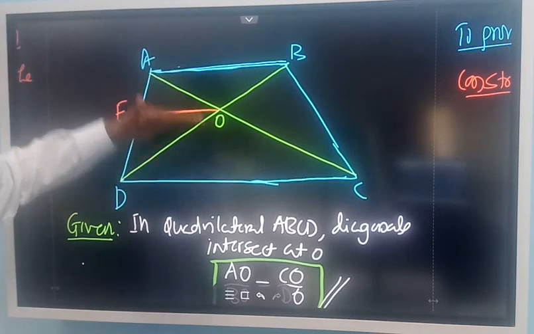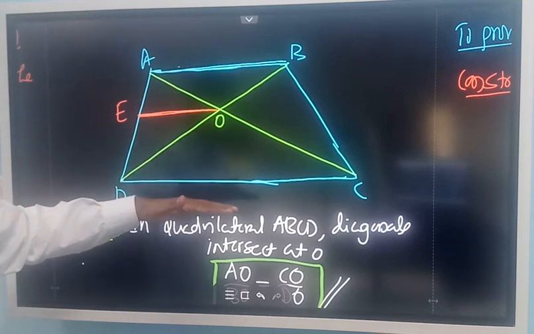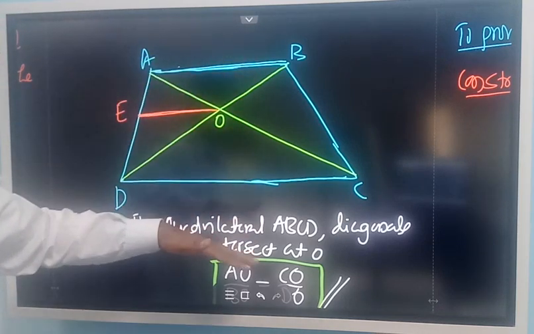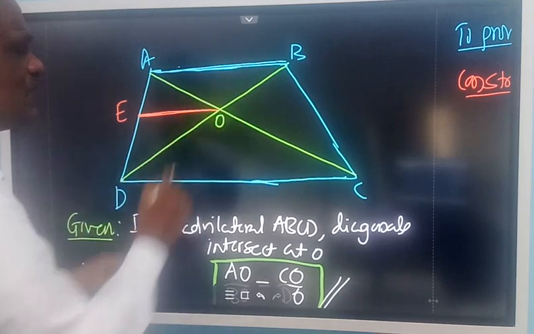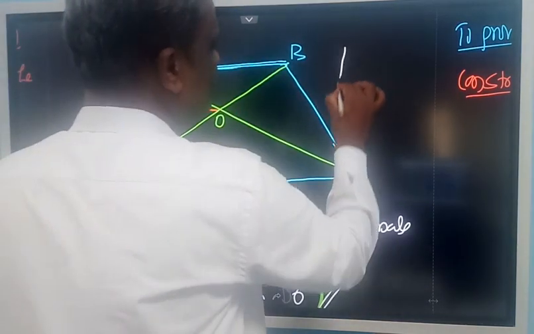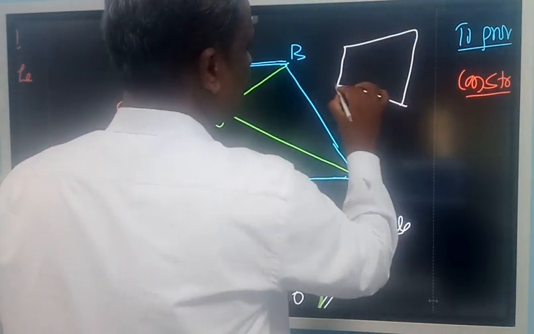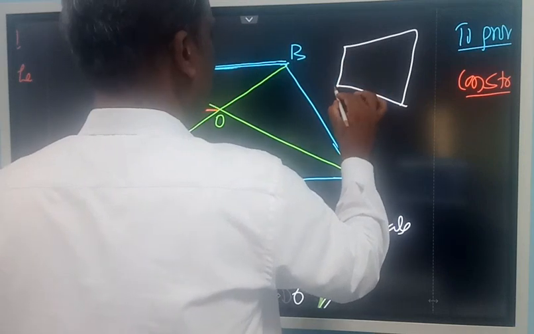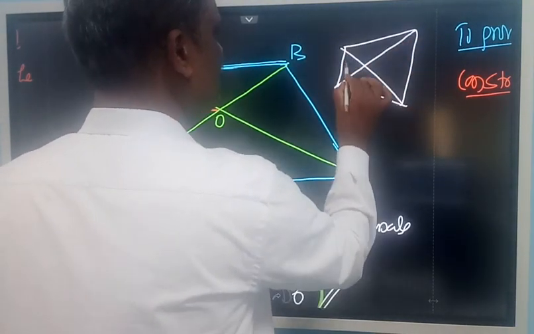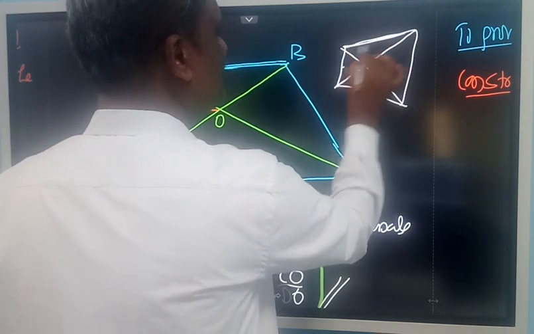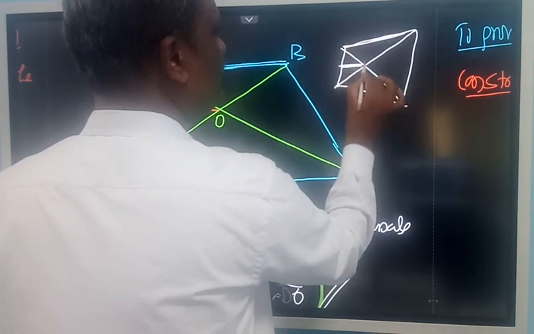I cannot draw this line parallel to both, because these two are not parallel. If these two are parallel, I can draw a line parallel to both. But here you cannot say it is parallel to both. I can draw only to one of the sides. Suppose a quadrilateral is like this. Now I have joined the diagonal like this. Suppose I can draw only parallel to this side.